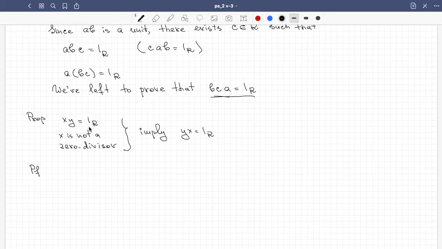Alright, we have xy is identity, and we multiply xy identity by x from the right.